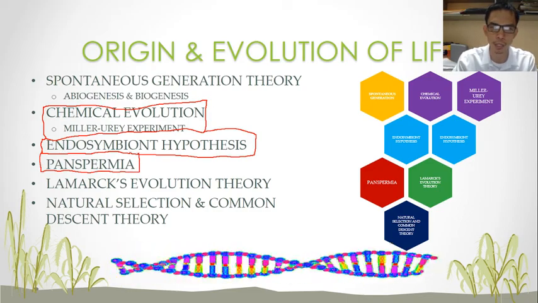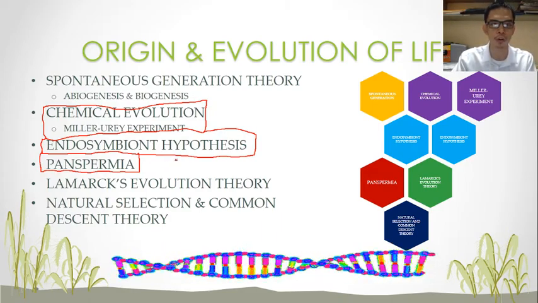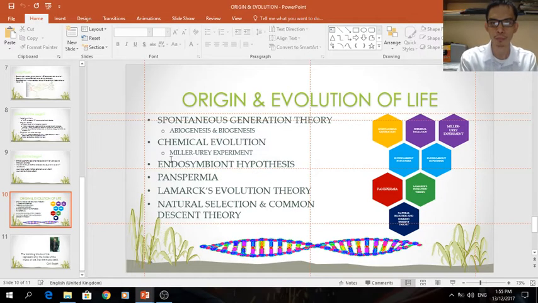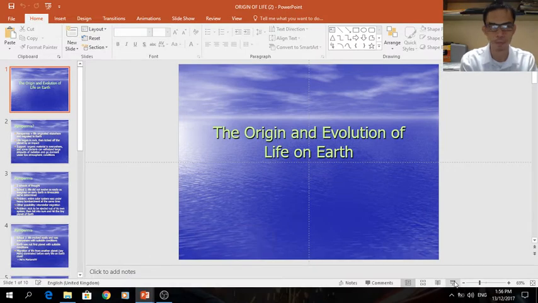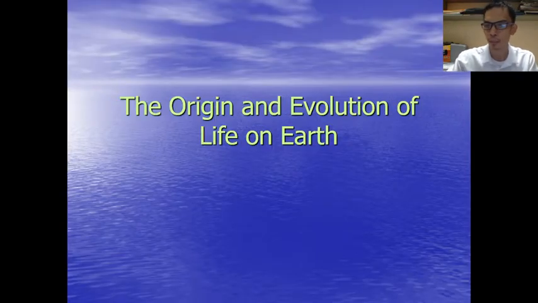Now, what is panspermia? How is this related to the origin of life here on Earth? So let's find out. All right, so there you go. So what do we have right here? The origin and evolution of life on Earth.